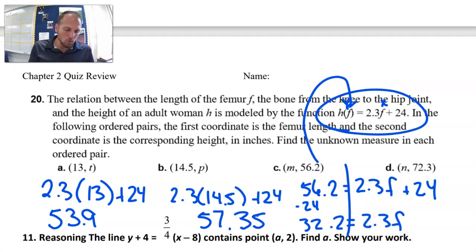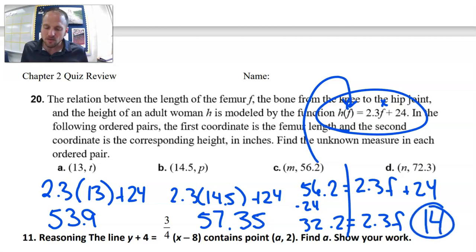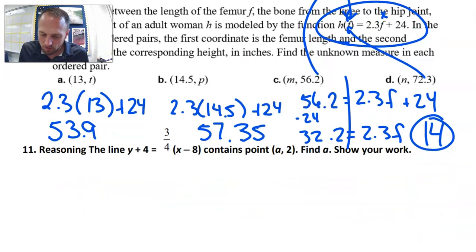And divide by 2.3. This is going to be 14. F equals 14. So that's your answer for letter C. Do the exact same steps for letter D. Okay, so put 72.3 in for your y right there, your H of F, and then solve it for F.